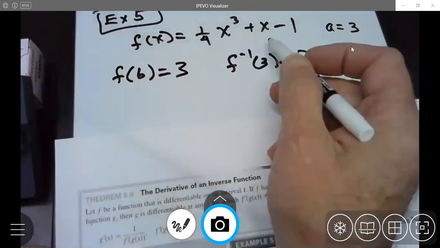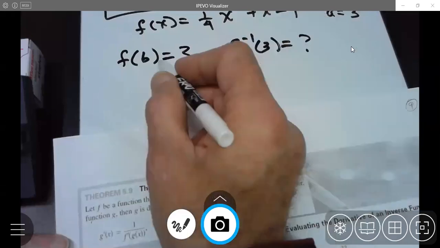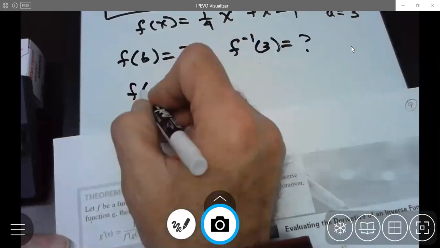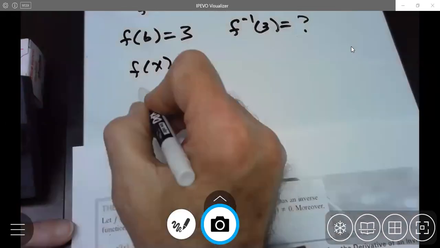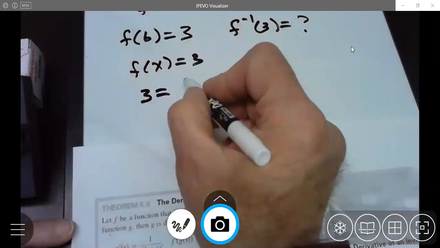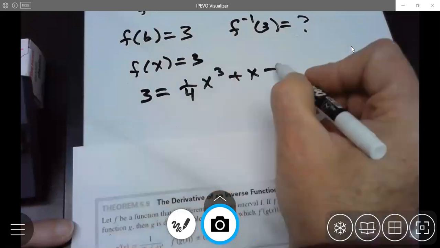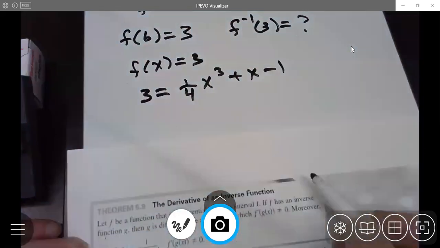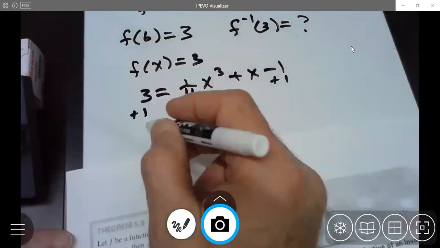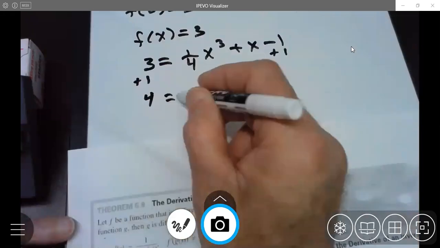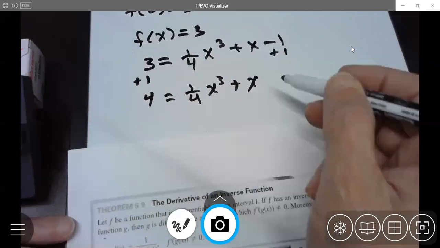Well, you can do that by saying, all right, we're saying that f of x equals 3. So we can put 3 in place of f of x equal to 1/4 x cubed plus x minus 1. And so if we applied plus 1 to both sides, we get 4 equal to 1/4 x cubed plus x.